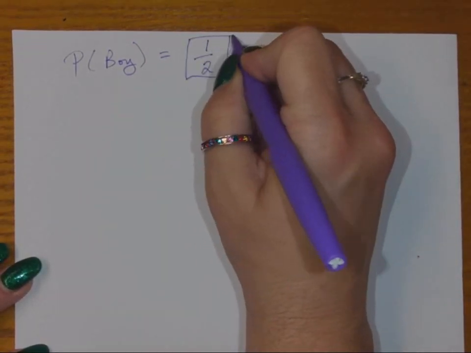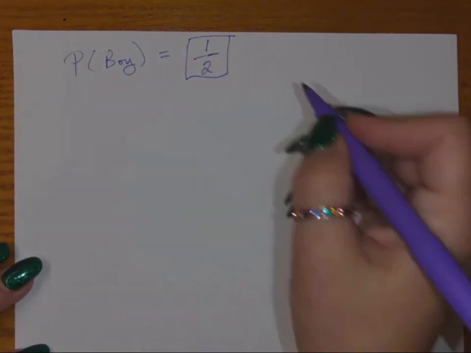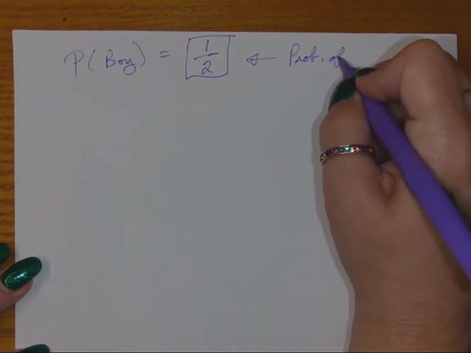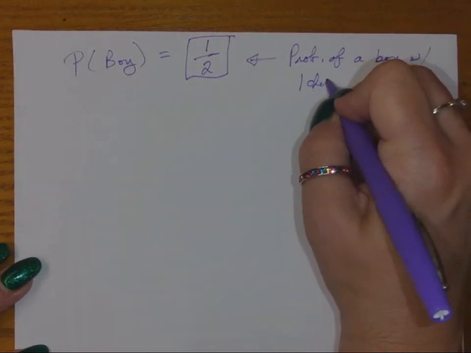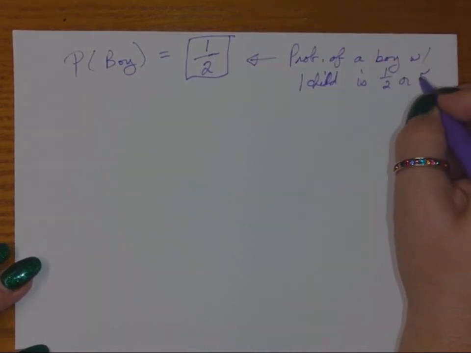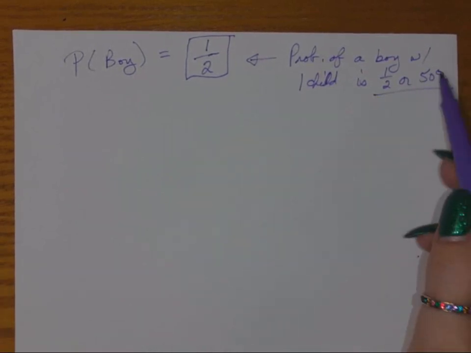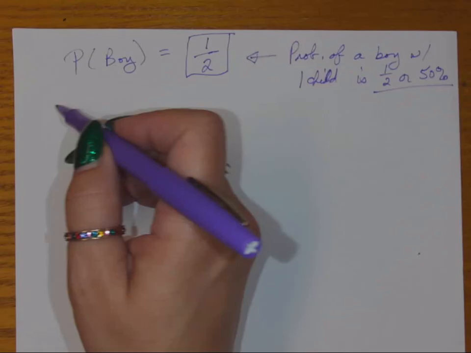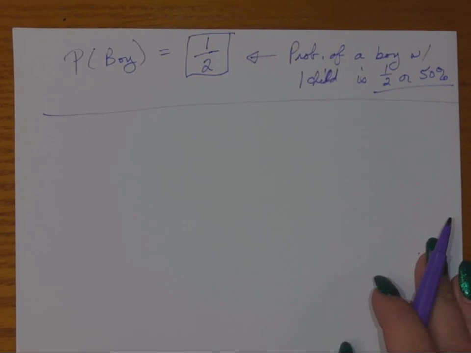So the probability of having a boy when you're having a single child is 1/2 or 50%. You got a 50% chance. And actually there's a little bit of data, a little bit of statistics, that have shown maybe it leans one way or the other, boy versus girl, but it's about a 50% chance.